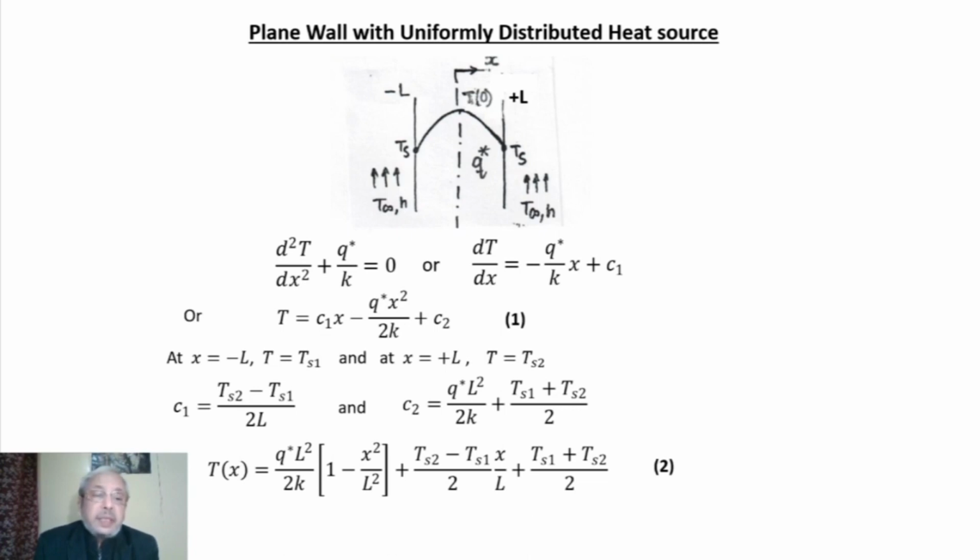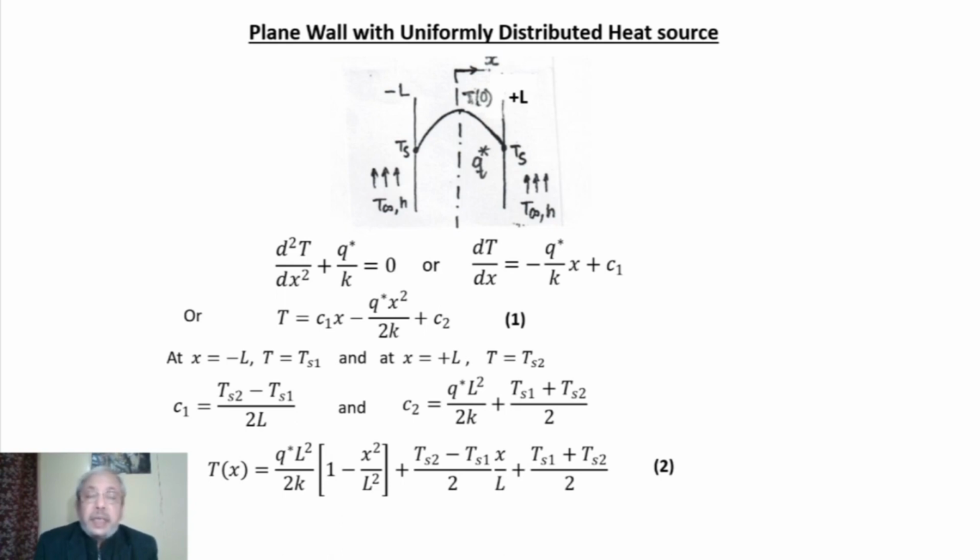Now, the boundary conditions: at x equal to minus L, say we can call it Ts1, T equal to Ts1. Although we have written S here, let us call it Ts1. And at x equal to plus L, T equal to Ts2.